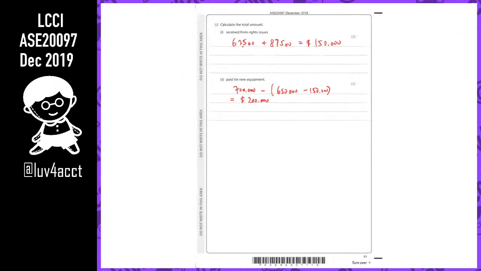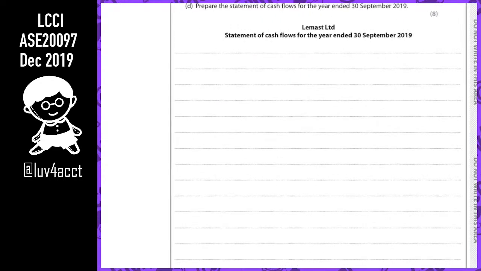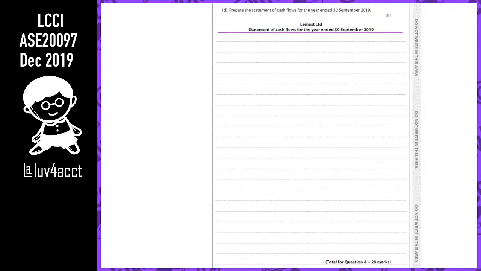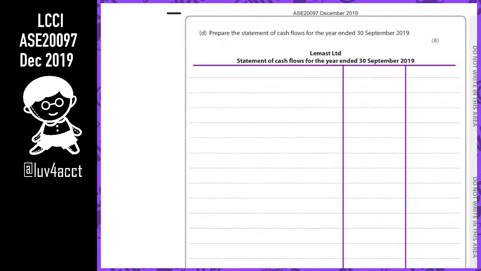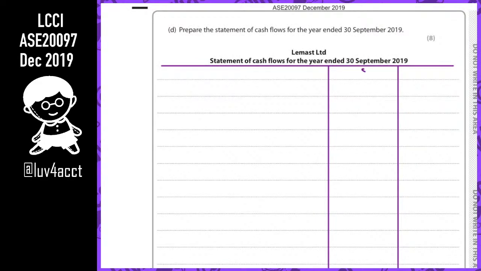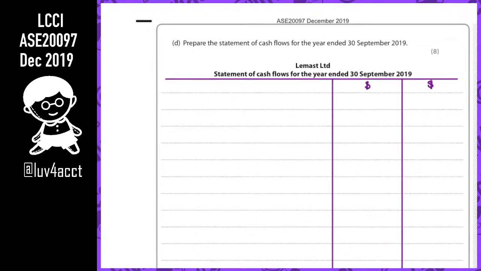Okay, so next we will have the statement of cash flows, and we'll start with the first item, operating activities, given to us. Let me write the two columns first. Cash flows from operating activities given to us.